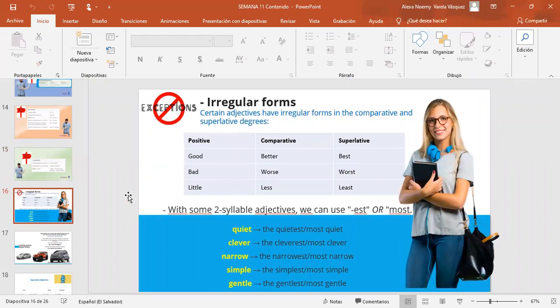And here we have irregular forms that are good, bad, little, and with some two-syllable adjectives, we can use EST or the word most. For example, quiet can be the quietest or the most quiet.